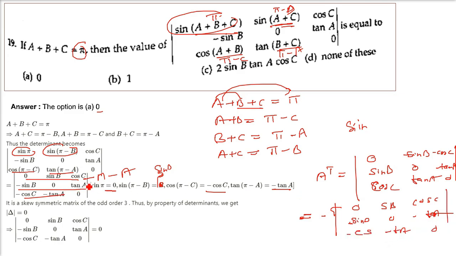Because the zeros are on the diagonal, when you take the transpose and take the negative outside, the same matrix comes again. So this was A. When we took the transpose, A transpose is equal to A, not minus A, because it is skew symmetric.